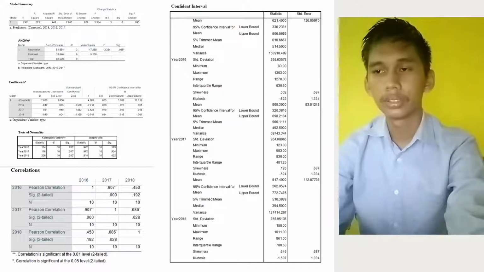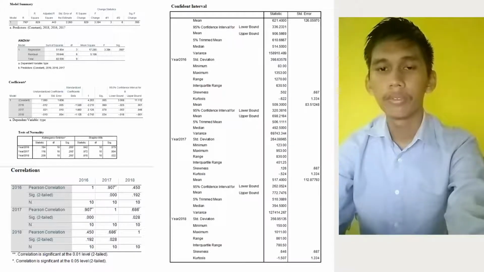And the adjusted R square is 0.443 or 44.3%. For the ANOVA analysis, the p-value from the ANOVA table is more than 0.05.